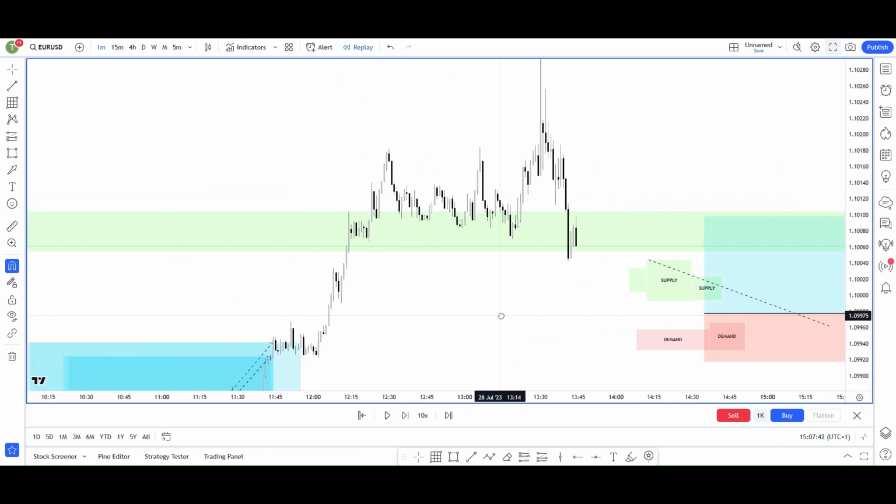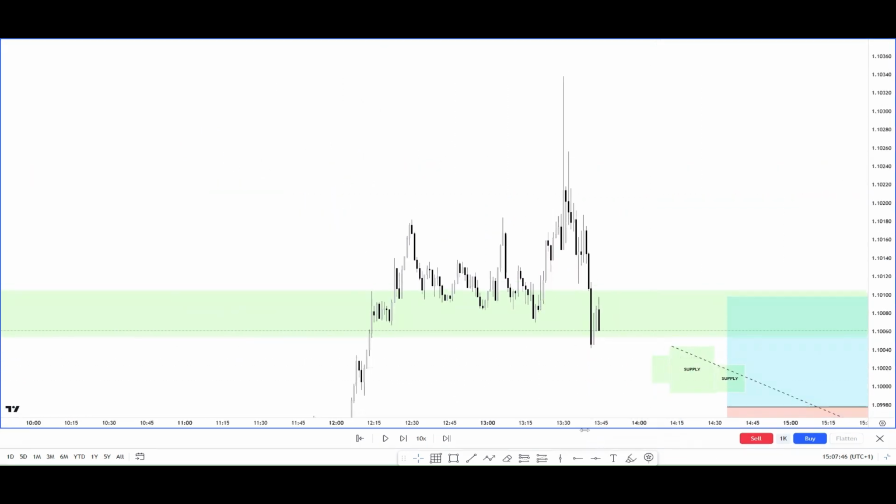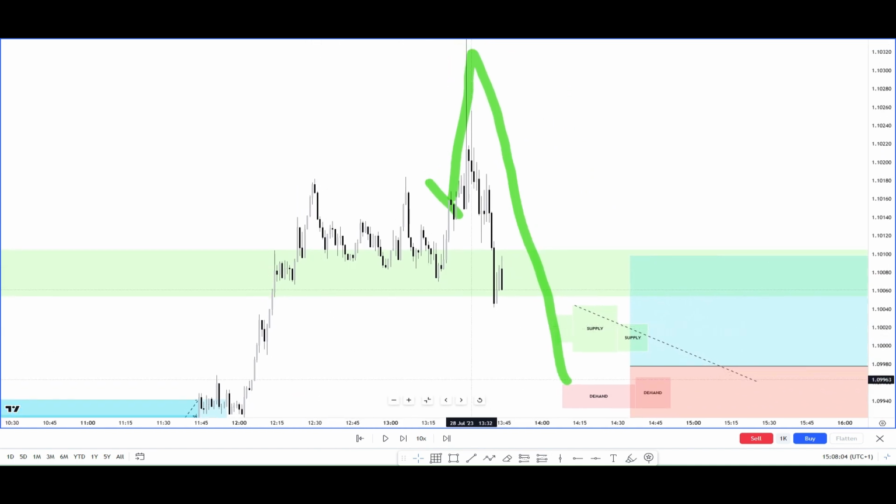So right about here, guys, I actually said on my Instagram, around that point, that I was expecting it to go take the highs out and then sink. And as you can see, it did actually end up doing that.